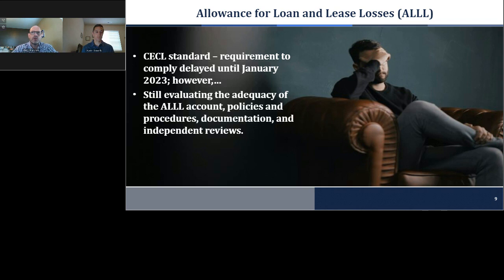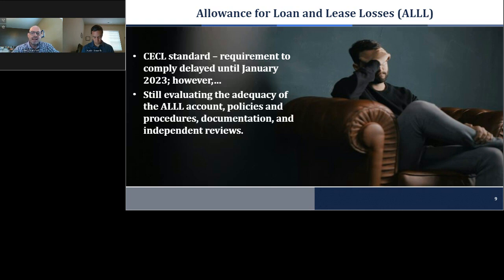All right. So there are 4 ways in which you can expect the examiners to look at the adequacy of the account, or ask things of you. Number 1 would be the allowance policies and procedures.